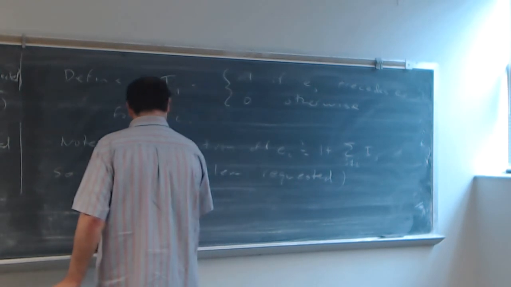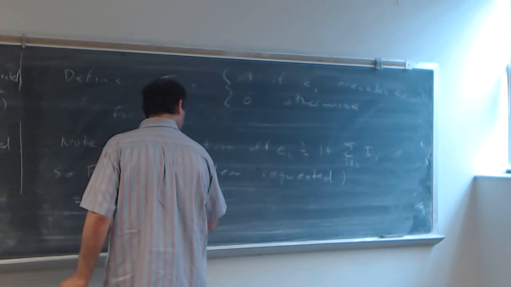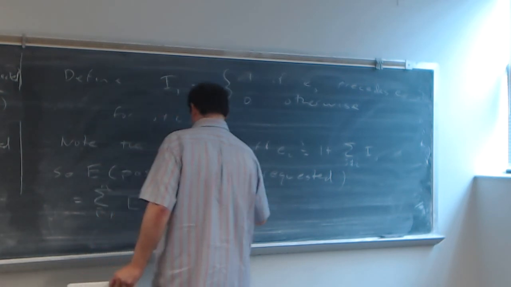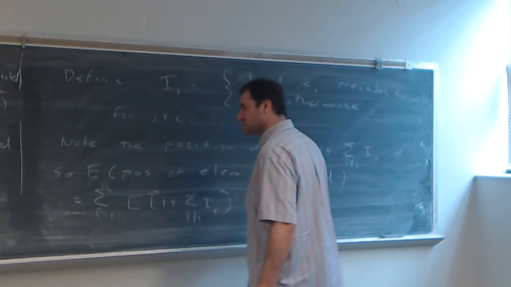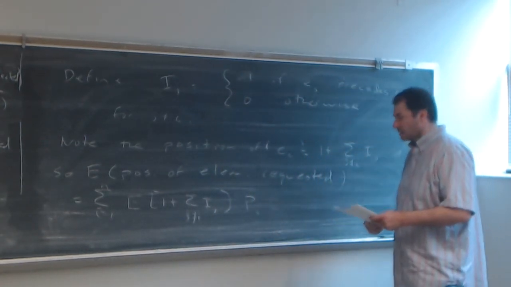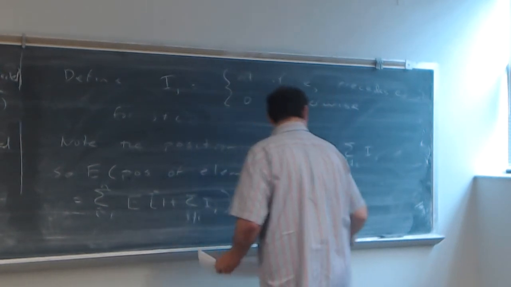Well, that's nothing more than the expected value of 1 plus the sum over j different than I of I_j, times P_I. That's what we have. So we can do some work with that in terms of simplifying it.